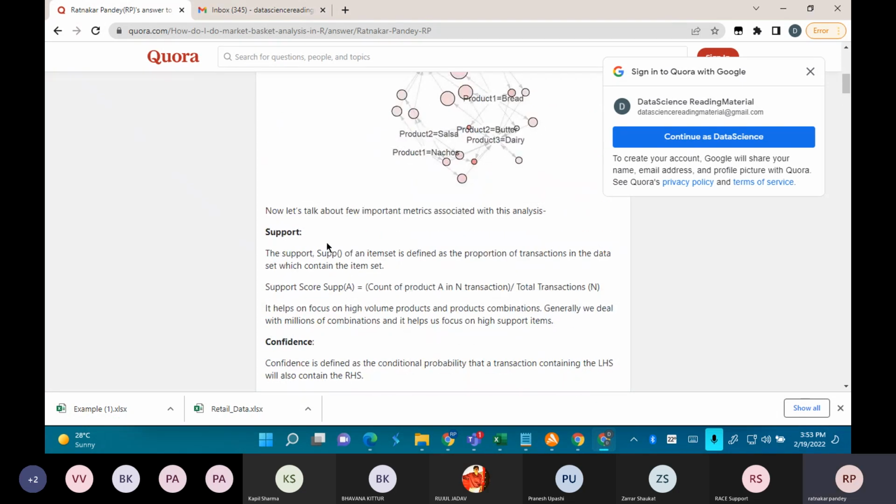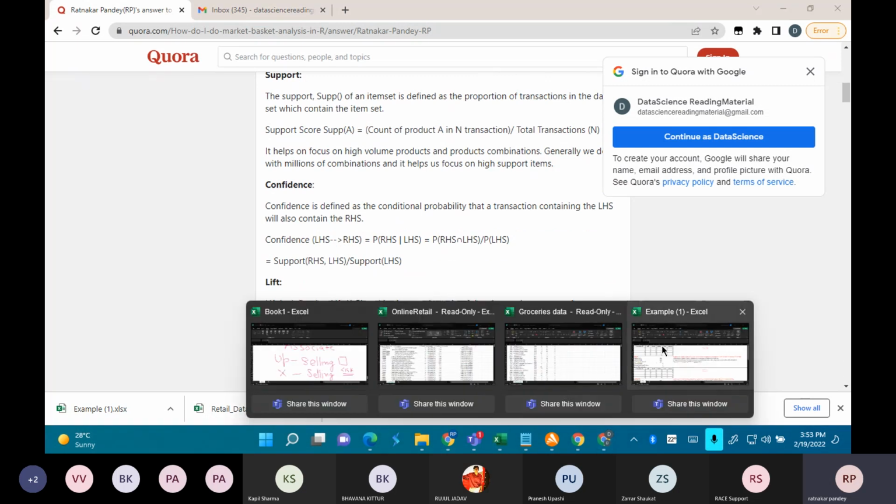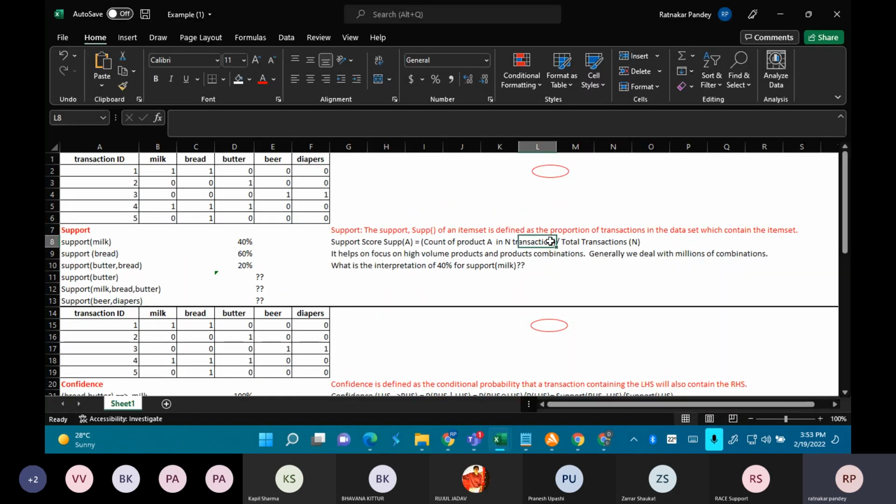We talked about some of the metrics and I think you tried to explain, but we'll do that in the example itself, in the Excel file. So let me know once everybody has the Excel file open, which is called example.